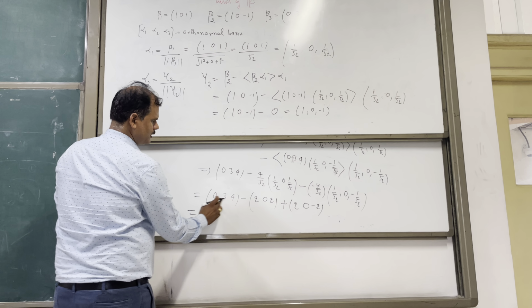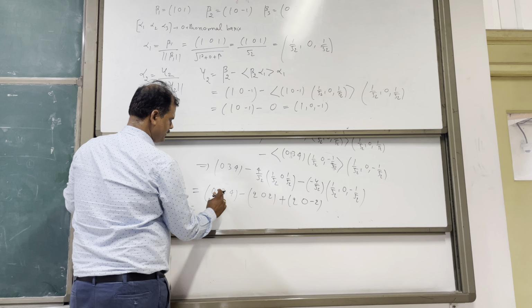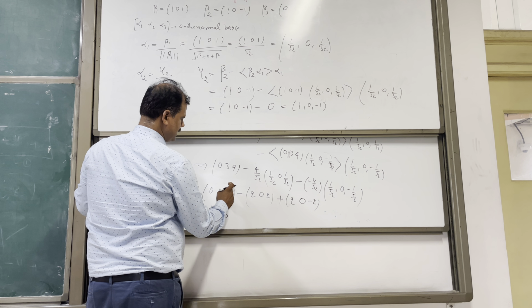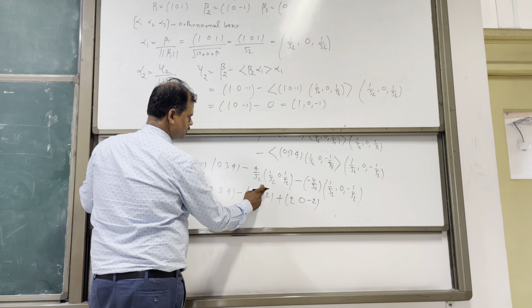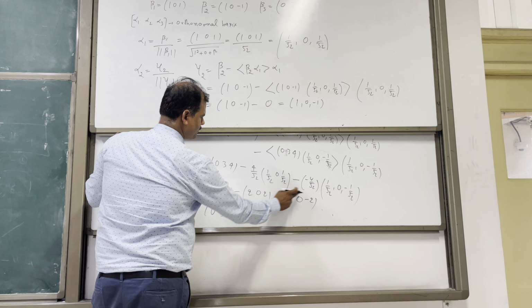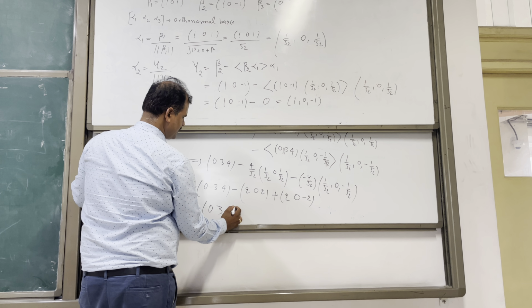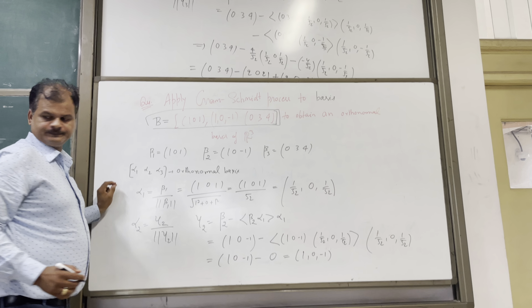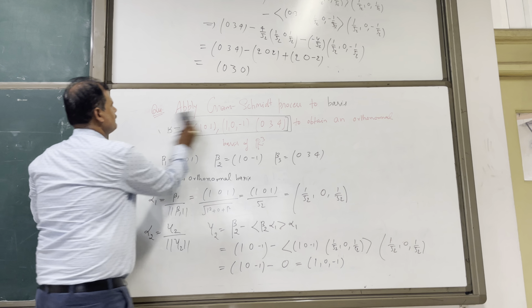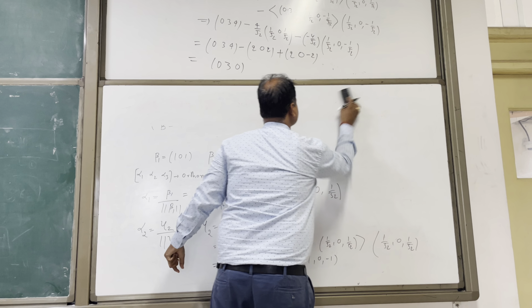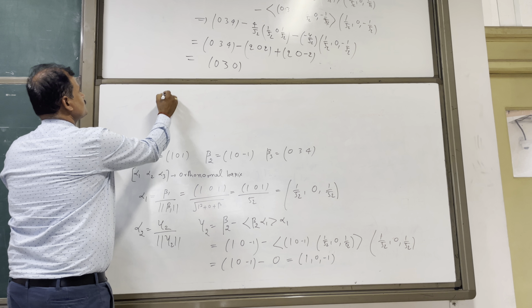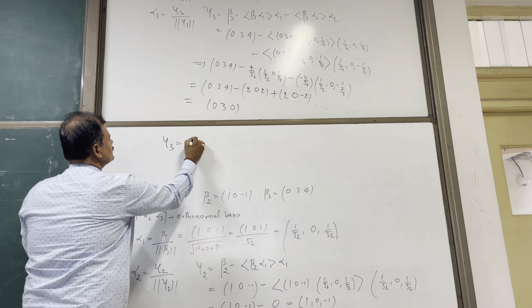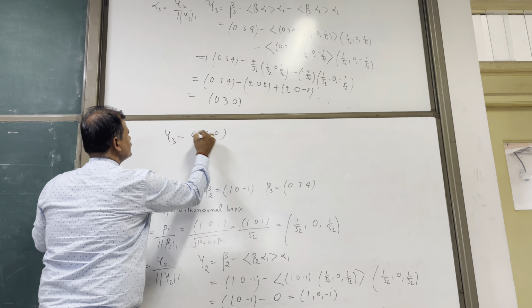So we get 0 minus 2 plus 2, so 0, and 3 minus 0 plus 0, so 3, and 4 minus 2 minus 2, so 4 minus 4, 0. So we get gamma 3 equal to (0, 3, 0).